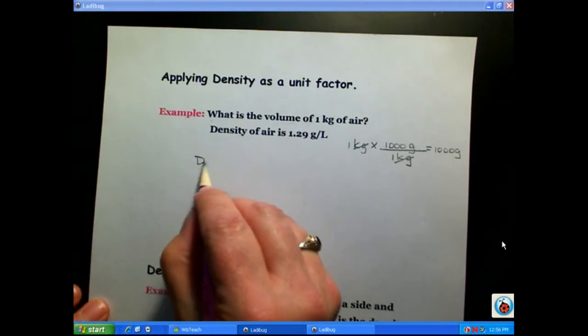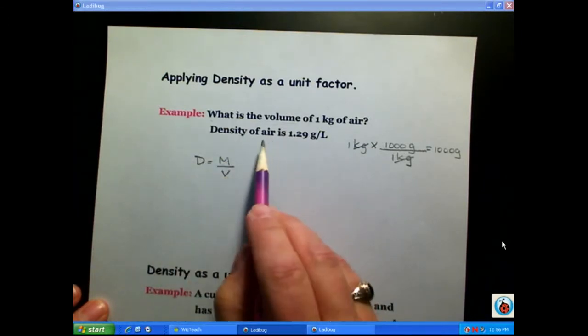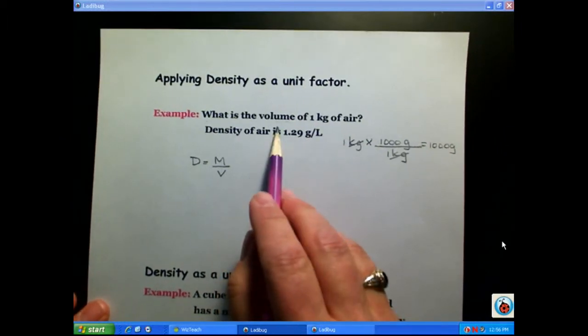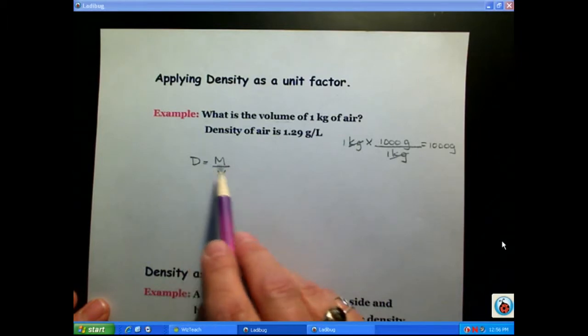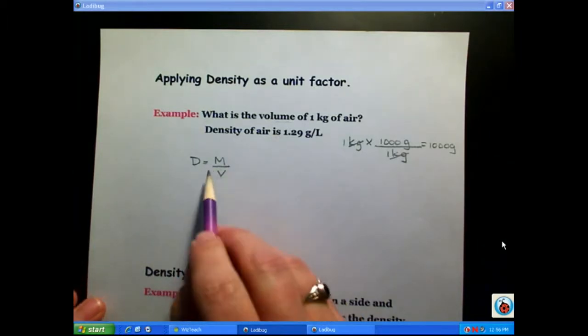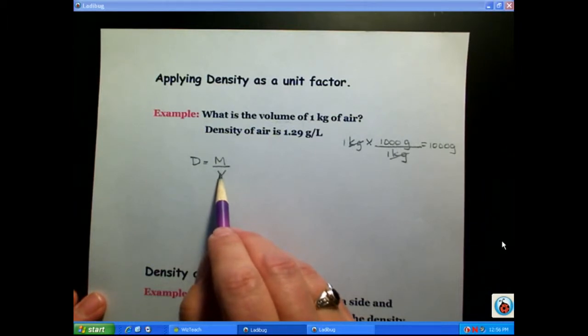We had D equals M divided by V. In this one, we're solving for volume. So we want to have the V on one side of the equal sign, and the other variables on the other side of the equal sign.